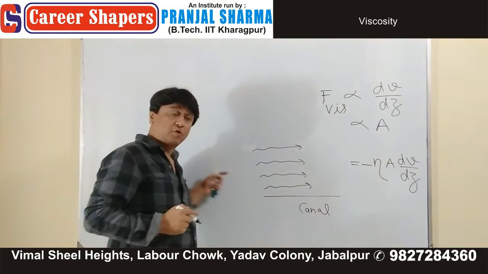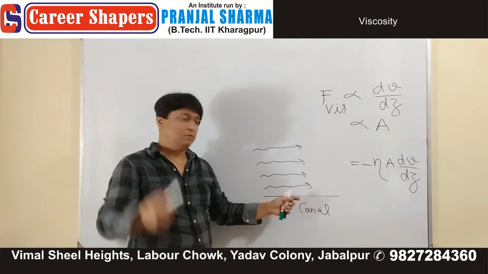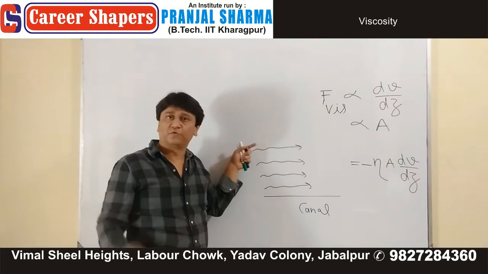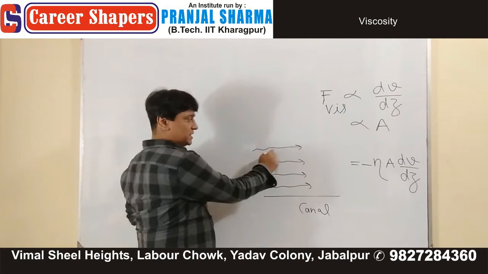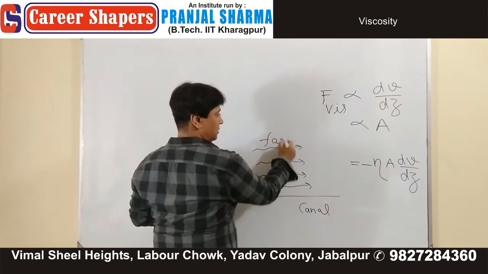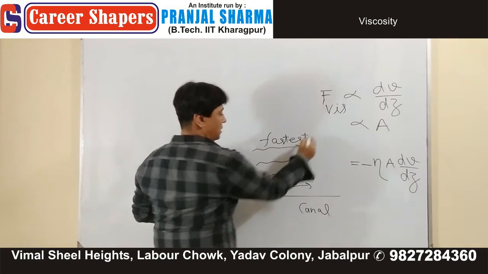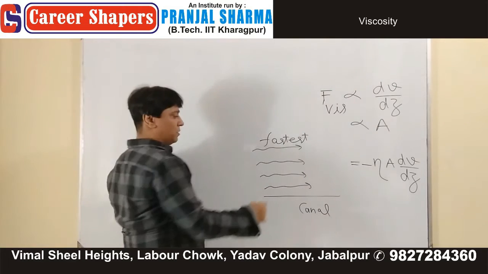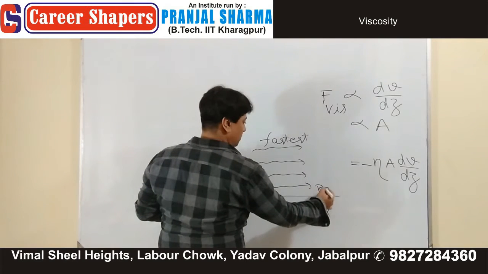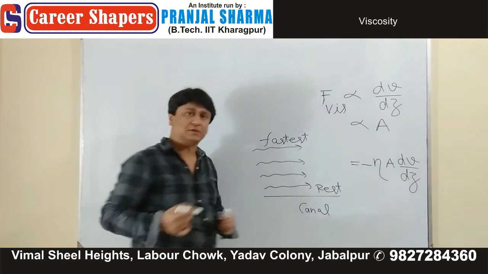It's a canal and water is flowing this way. You all can see that the top surface, the free surface, which is in contact with the air, is the fastest moving layer. And the layer which is at the bottom, we can also say that almost is at rest.